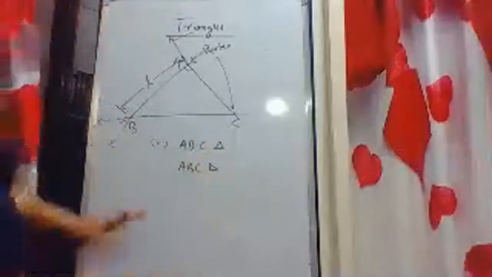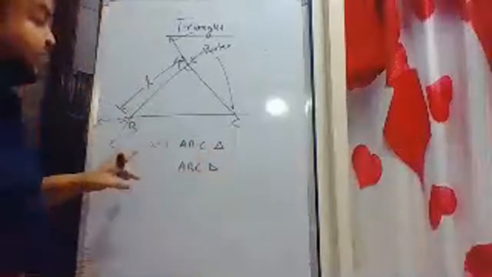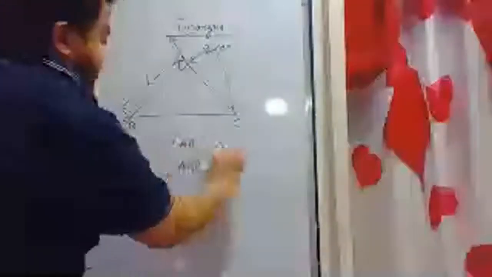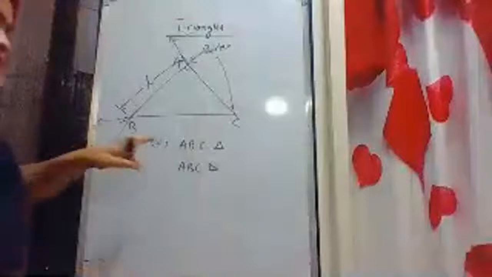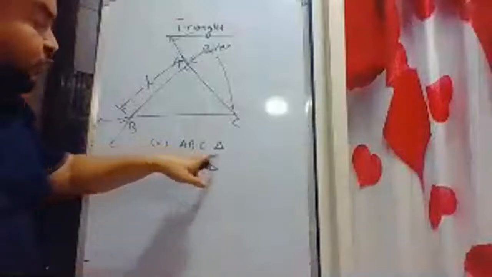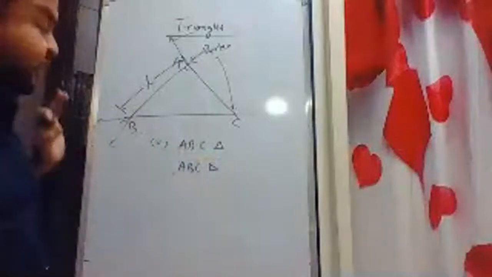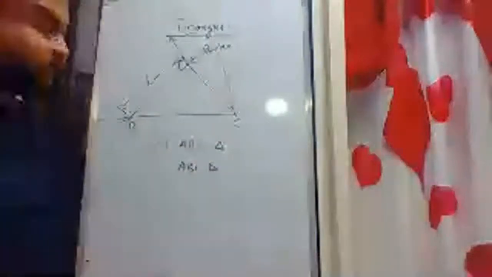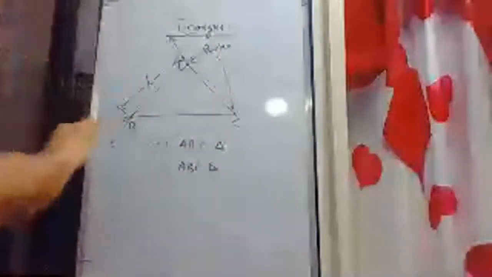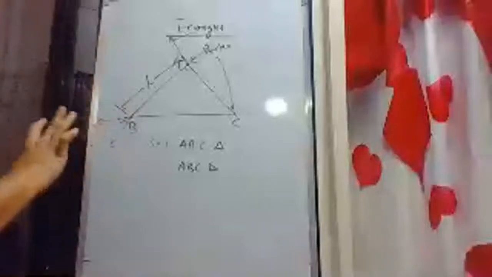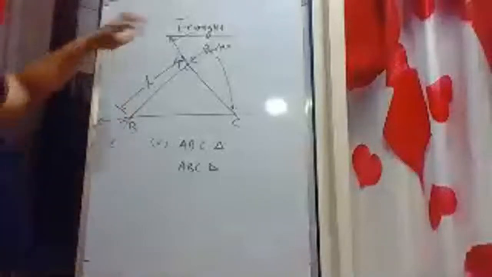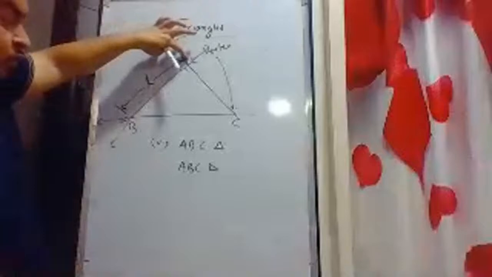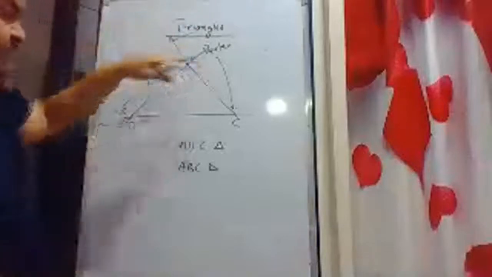Only for right angle triangles we may denote like this, and for any other triangle we write ABC triangle. Even for a right angle triangle, if you use the general notation, that is absolutely right, it's not wrong. But for right angle triangles specially, you may use this notation. Okay, so this is about the basic notations of triangles: vertices, sides, angles.